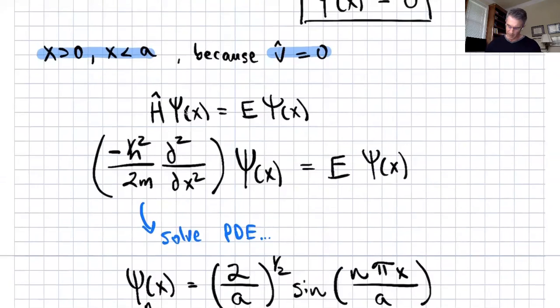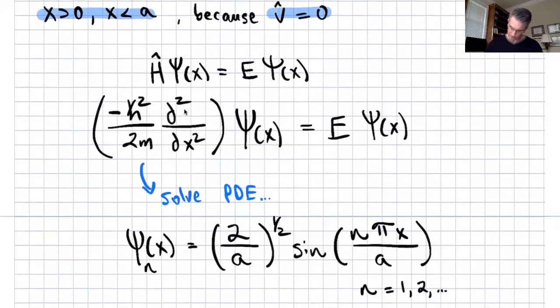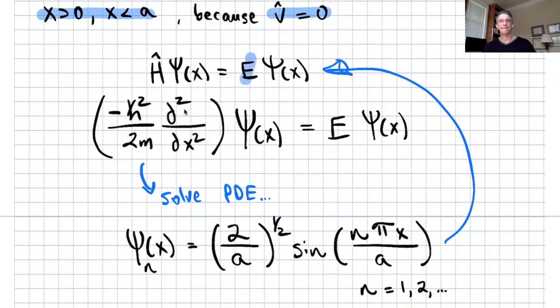What I should have said is you can substitute this solution here back into the time independent Schrodinger equation and solve for E, solve for the energy, right?